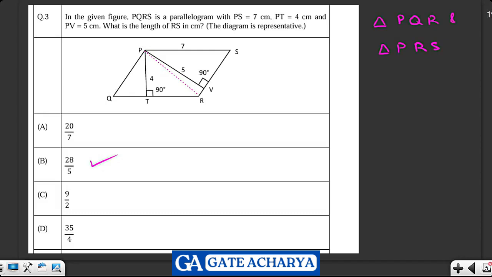You can say like this: PT multiplied by QR will be equal to PV multiplied by RS. That's one way to approach it. Or you can say that the ratio of PT divided by PV, that similarity law.